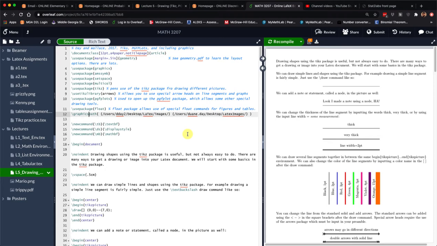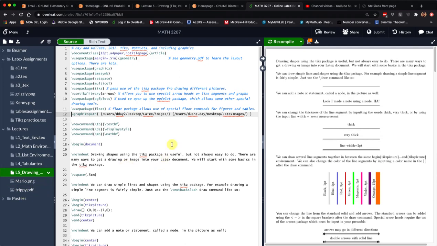But on your desktop you also have the same scenario as in Overleaf. As long as you put the images in the same folder that you're putting your LaTeX file in, it will find it and be able to pull it. So you may not need this graphics path. It is not necessary for you here as long as you put your images inside the folder that you're currently working with.